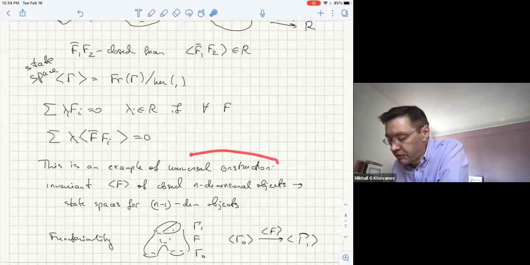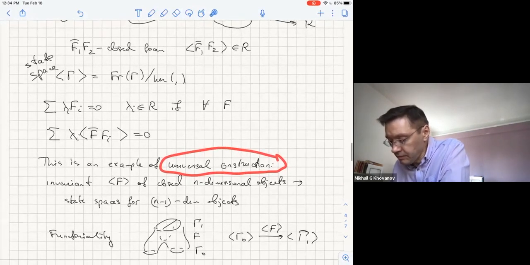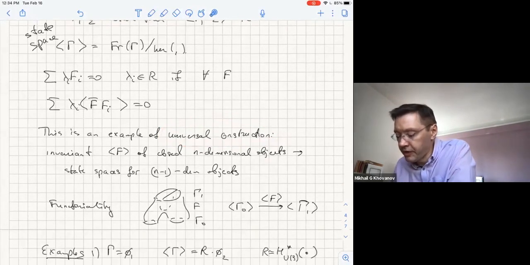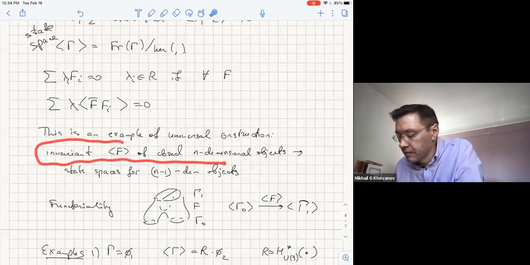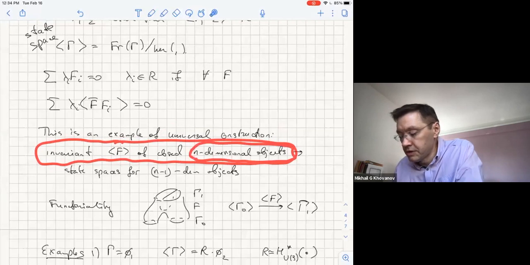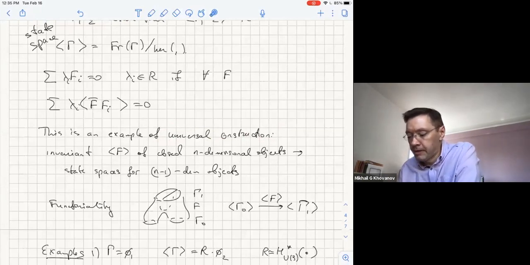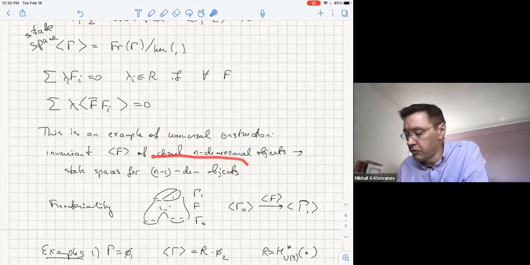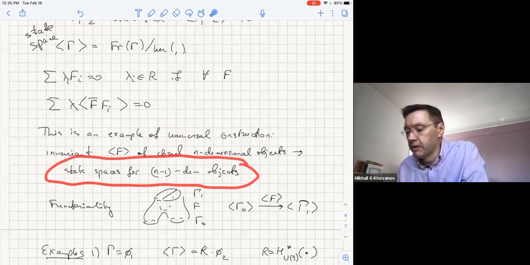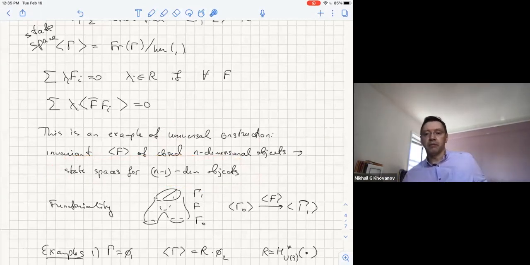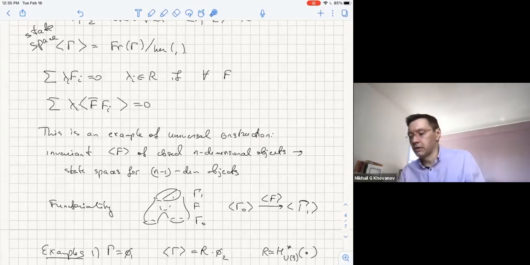And this is an example of universal construction, where you can start with any invariant of closed n-dimensional objects. This could be forms, this could be manifolds with decoration, whatever you want. And the same procedure will give you state spaces for objects in one dimension less using this construction. So this is completely general.